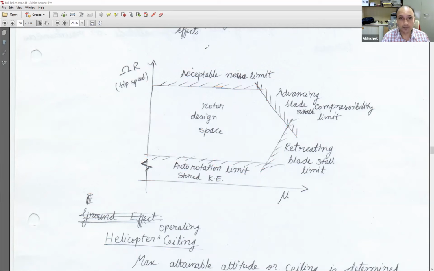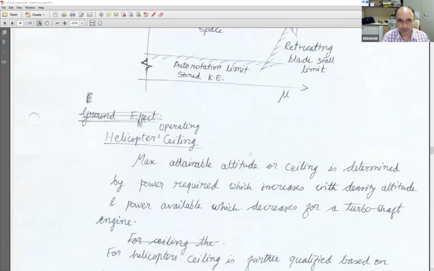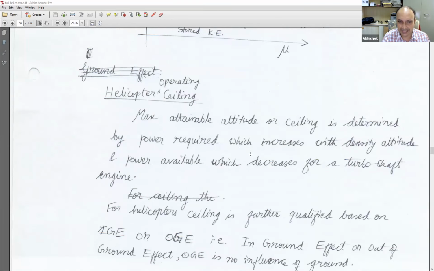Now I'll have a couple more comments regarding some remaining things, such as the operating ceiling. For helicopters, the ceiling is defined in a slightly different manner than for an airplane. For an airplane, you talk about absolute ceiling and service ceiling. Service ceiling is the maximum altitude where you can fly your airplane and achieve a rate of climb of 100 feet per minute.